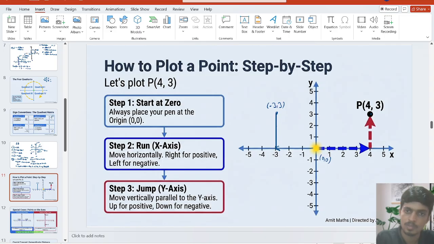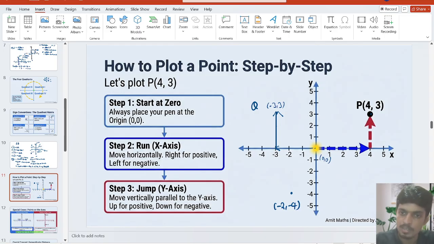So this will be (-3, 3). Suppose this point is Q. Now if we plot (-2, -4), how do we form it?